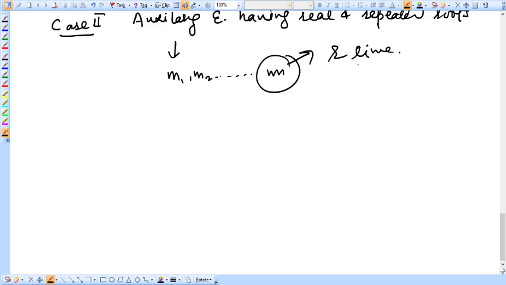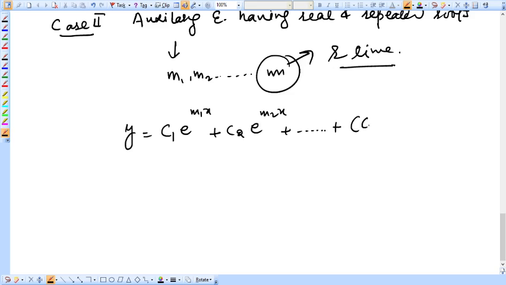In this case, the solution would be y is equal to c1 e raised to power m1x plus c2 e raised to power m2x plus so on, for all those roots which are distinct, and then the terms of this repeated root.